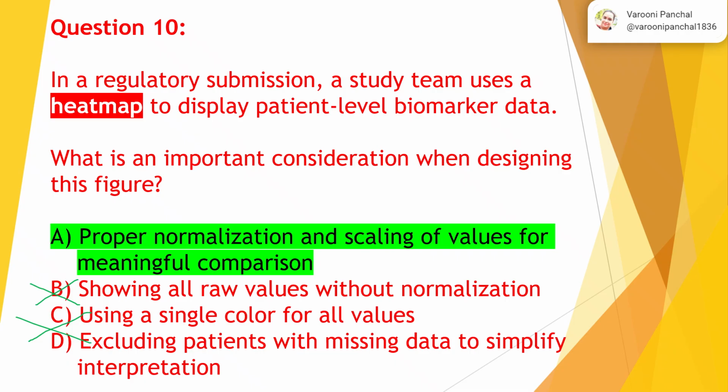Option D, excluding patients with missing data to simplify interpretation. Now, you cannot exclude patients who have missing data, and you cannot replace or ignore such data because we are dealing with human trial data. So the correct answer is proper normalization and scaling of values for meaningful comparison.